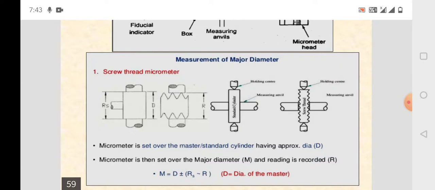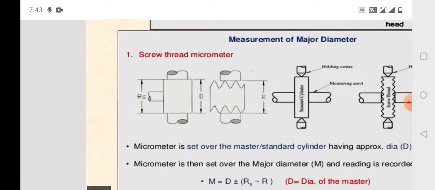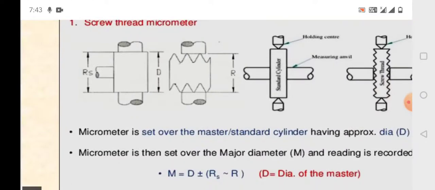Then we remove it and enter the threaded part, so that the setting of the anvils is easier and there is no excessive movement of the anvils. Then we enter this threaded screw and check the major diameter.